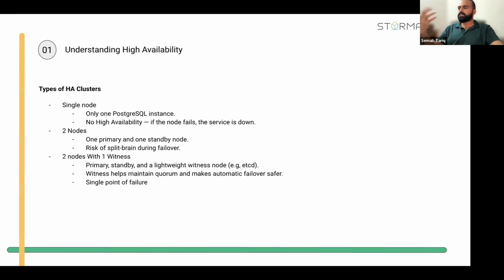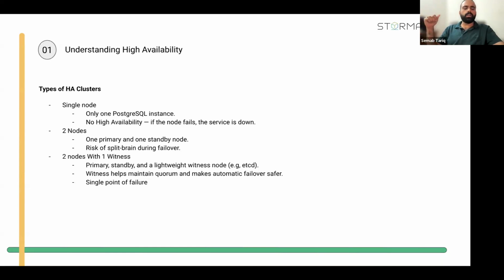We just need a voting mechanism, you can say, which can help determine which one is the primary node and which one is the standby node. And if some sort of network glitch happens when we have a witness node, it is very critical for the witness node to not promote the standby node. It can stop the promotion of the standby node and wait for the network glitch to be fixed. And this is how it can help resolve the split brain type of scenario.